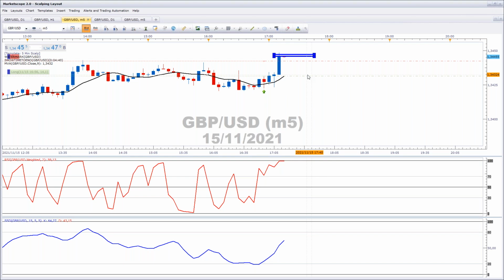That's the current resistance. All right. So there we are, 11 pips for that. And then as a scalper, you'd look for the next opportunity.